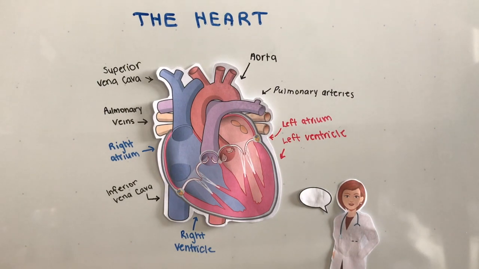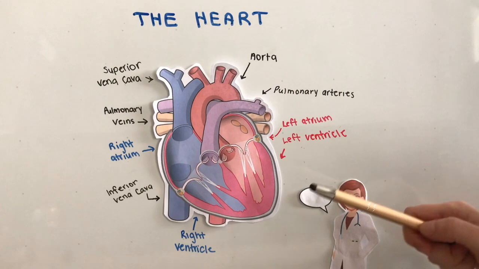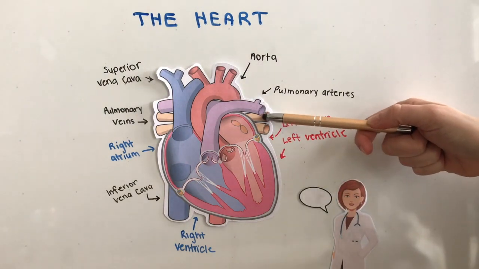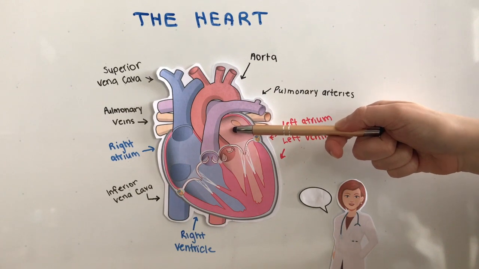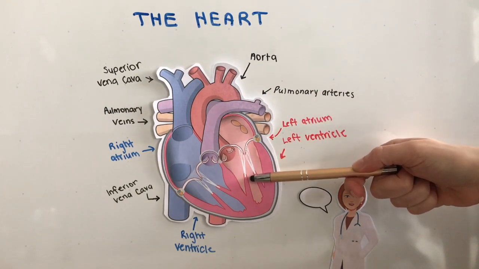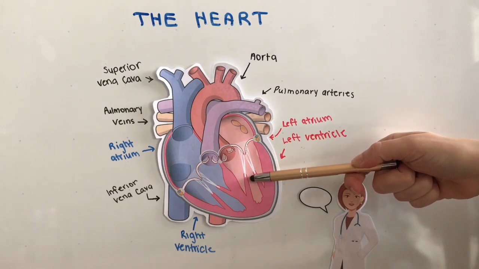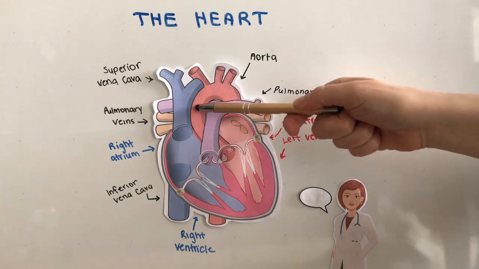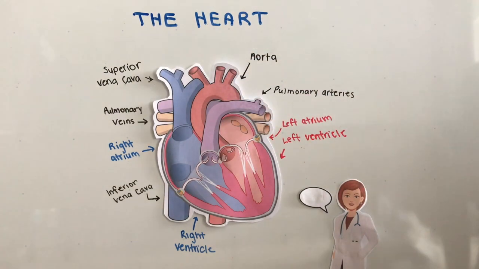This function of the heart is so important because your tissues and organs require a constant supply of oxygenated blood to function properly. Oxygenated blood from the lungs then enters the heart through the pulmonary veins into the left atrium. The left atrium will contract, pushing the oxygenated blood into the left ventricle, passing through the mitral valve. The left ventricle will then contract, pushing oxygenated blood out of the heart through the aorta and be distributed to all parts of your body.